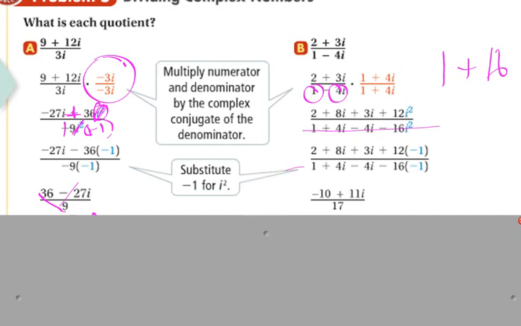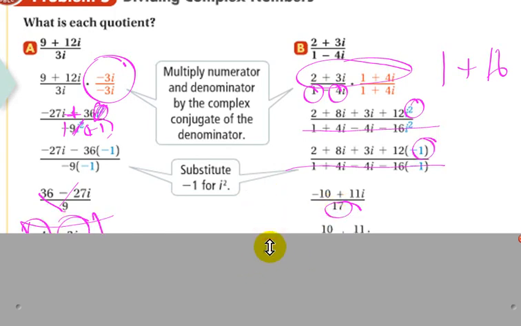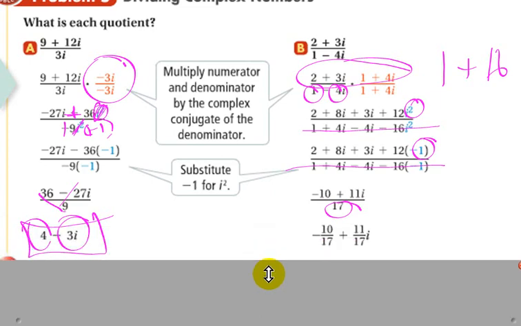So really, you don't even have to go through that. You can just go straight to 17. And then on the top, you're going to have to FOIL those out. Clear your i squareds. And when you do, you end up with negative 10 plus 11i over 17.